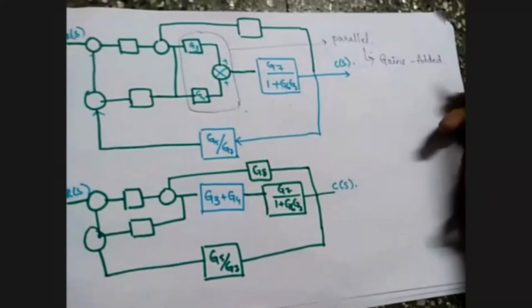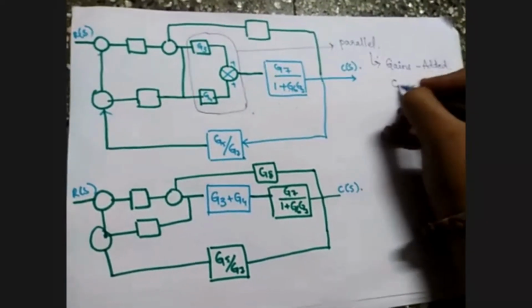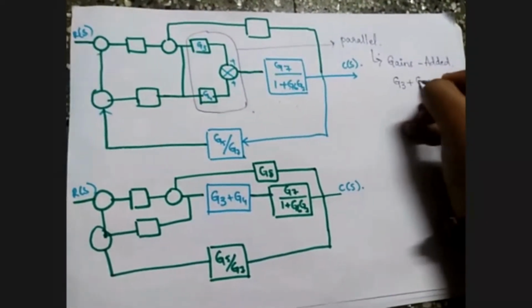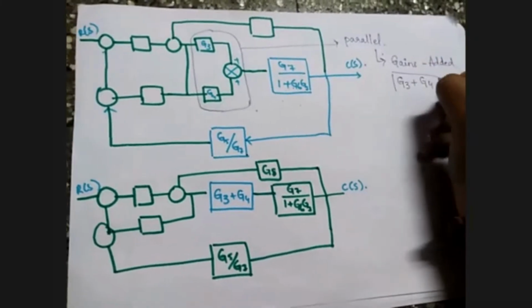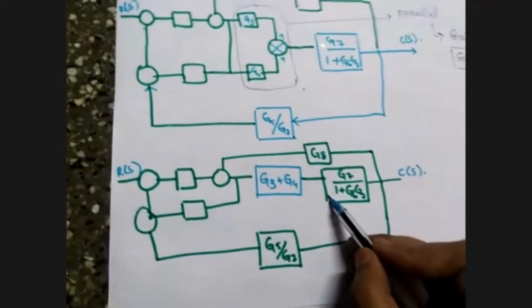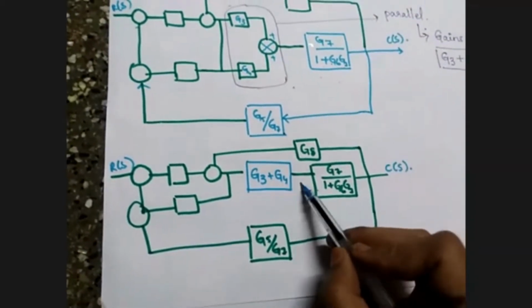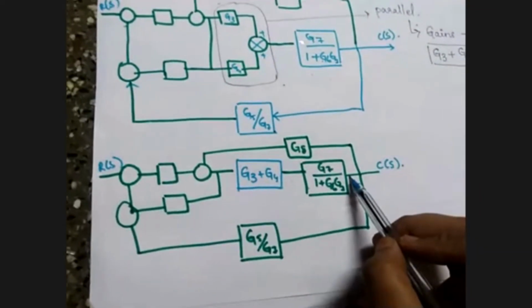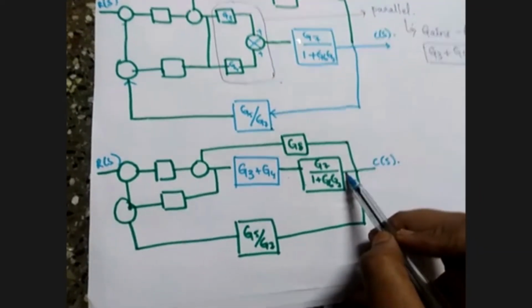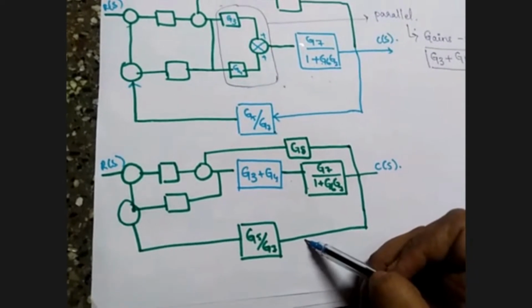So what will be the resulting gain? The resulting gain will be G3 plus G4. So this will be the new block introduced into our circuit. Everything else here will be deleted and the introduced block will be like this. So this will be G3 plus G4, and this is the negative loop gain which we have already reduced, and this is G5 by G7.